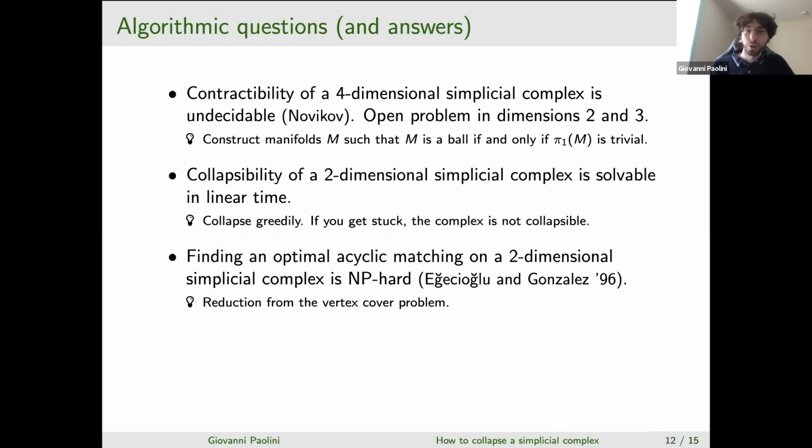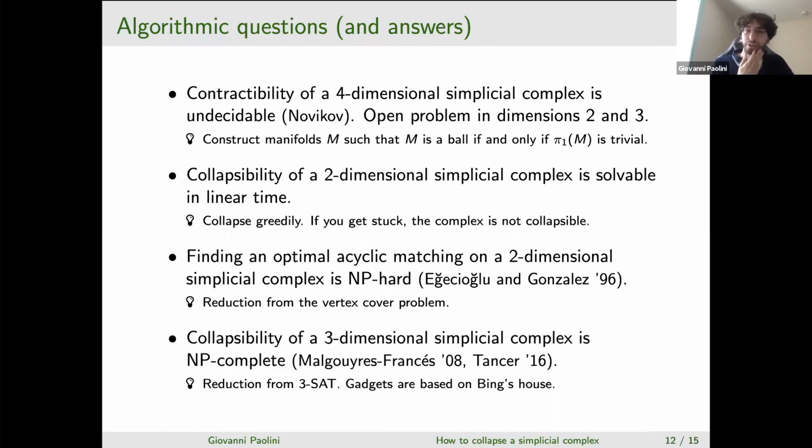But now, if we go up in dimension by 1, it turns out that even collapsibility becomes a hard problem. And this was proved more recently by Tancer in 2016. So collapsibility is NP-complete for three-dimensional simplicial complexes.